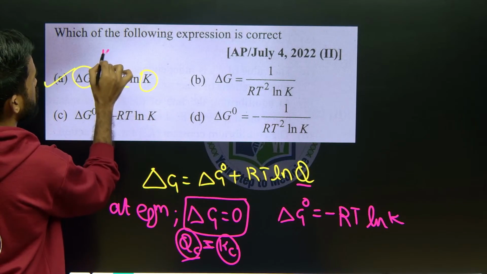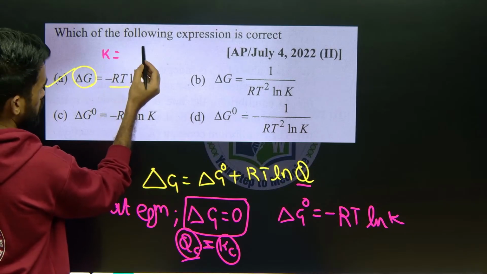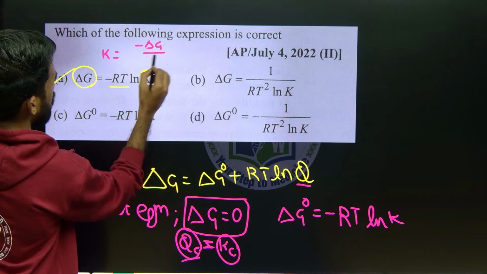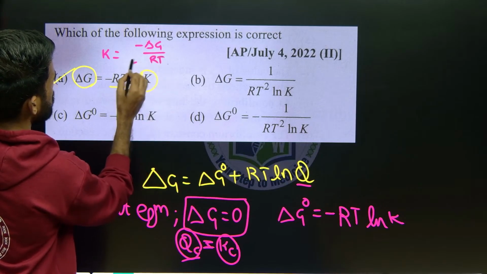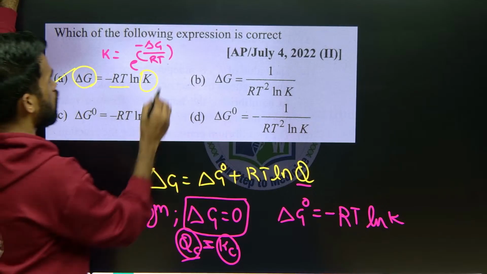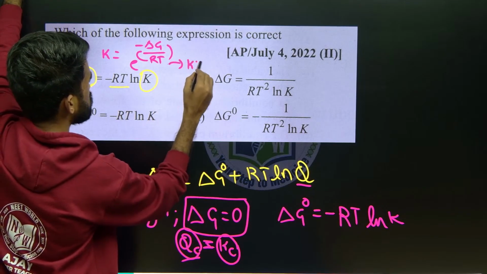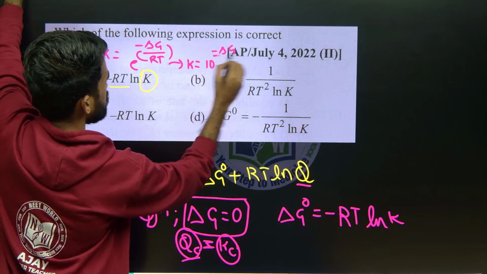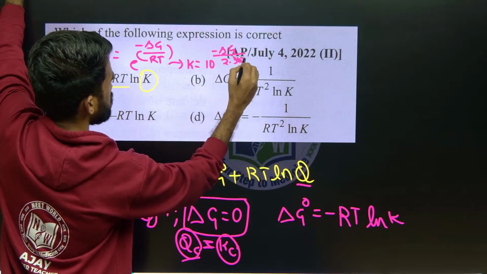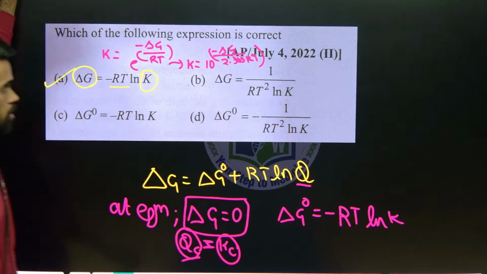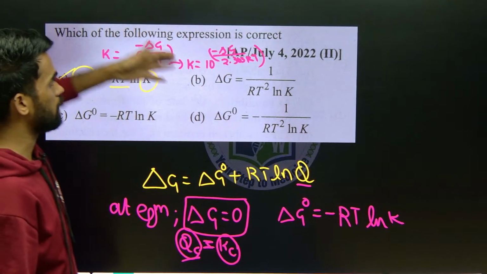So K is equal to e to the power minus delta G by RT. They may ask in terms of logarithm also, like K is equal to 10 power minus delta G by 2.303 RT. This will be in terms of logs, meaning we will get 10 as the base.